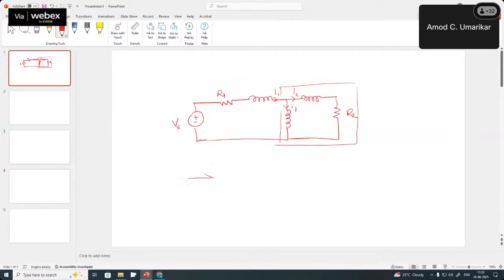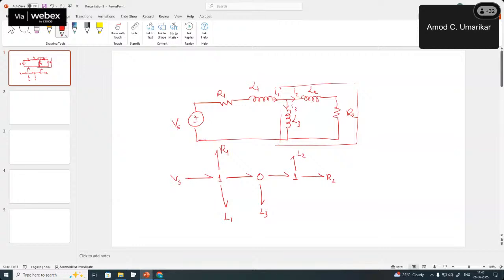So there is a one junction with source Vs, there is R1, this is L1, and then there is a zero junction. At the zero junction, there is L3, and then again a one junction because L2 and R2 are in series.